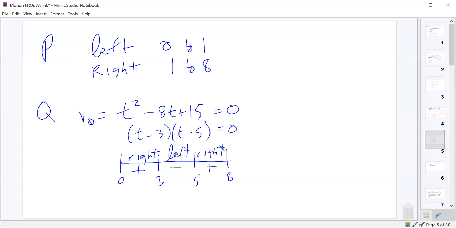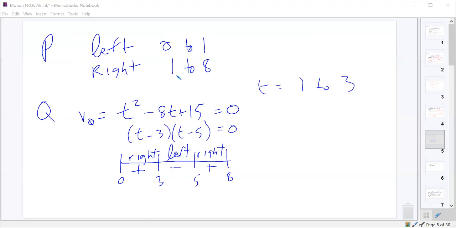So particle P is moving left from 0 to 1, but particle Q is not. So that's not the same. From 1 to 3, they're both moving to the right. And from 3 to 5, this one's moving left, but this one's moving right.